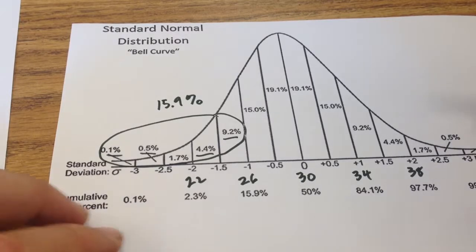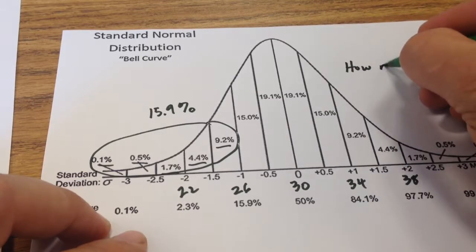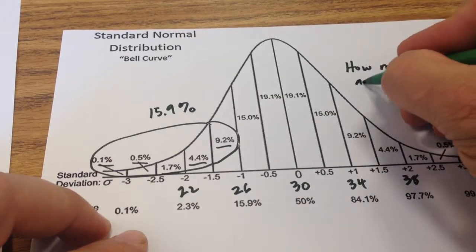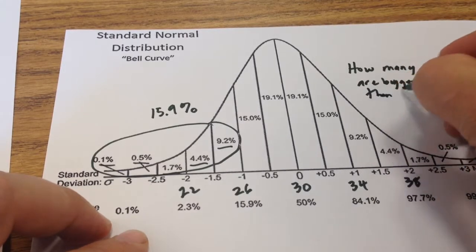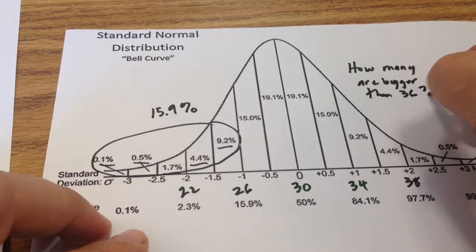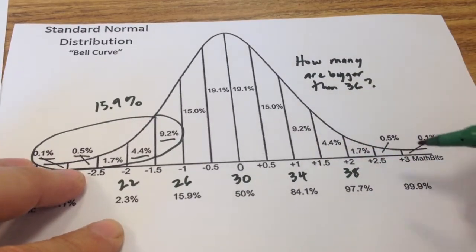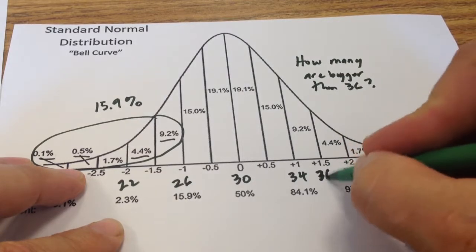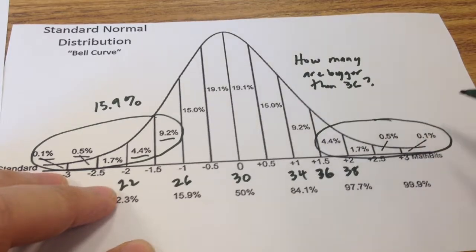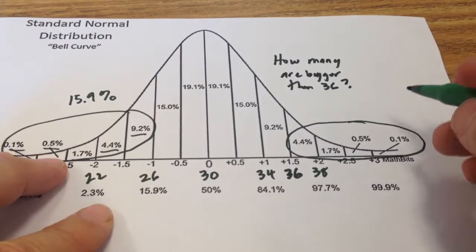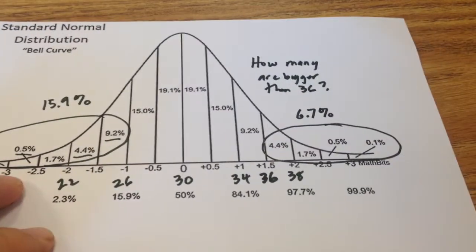Now, another question I might ask is a different question. That was a percentage. I'm asking how many are bigger than 36 centimeters? Well, 36 is going to be right here, and this is nicely broken up, so bigger than this are those percentages, and I can add those together, and that comes out to 6.7%. That hasn't answered the question.